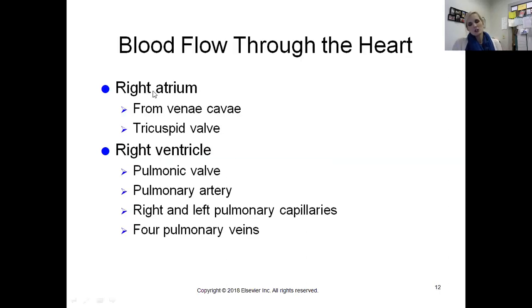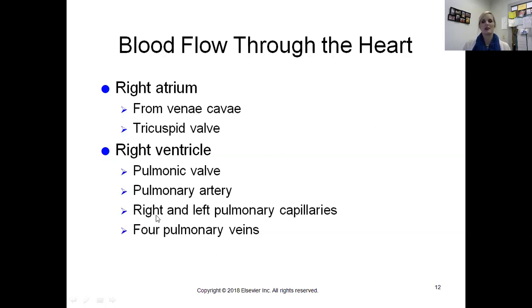All right. So again, the direction that blood flows through the heart, we really have already been over that, but it flows into the right atrium from the vena cava, will go through the tricuspid valve and into the right ventricle. When the right ventricle contracts, it will flow through the pulmonic valve and into the pulmonary artery. From there, it will make its way into the lungs.